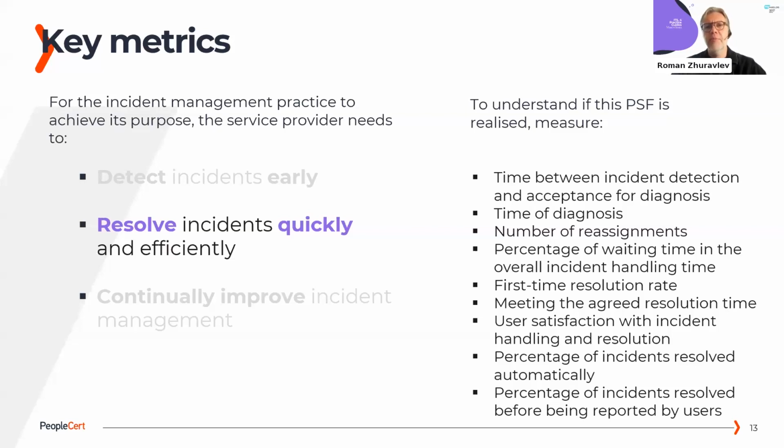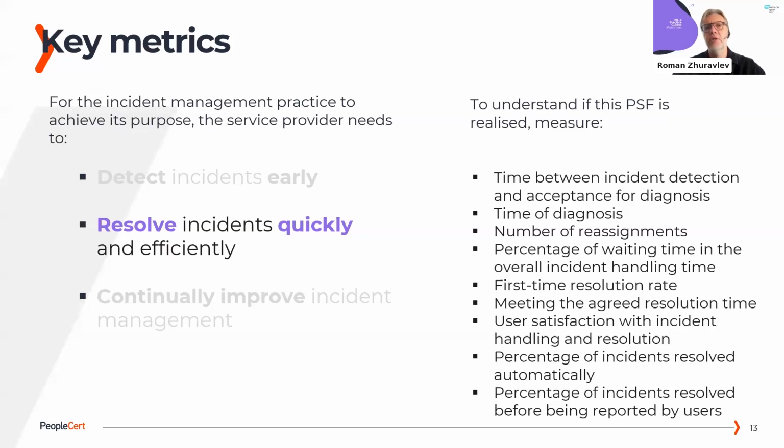There is a long list of metrics for the second one. I will not be pausing on all of them. I'm just trying to illustrate that for each PSF, there is a list of metrics. They are metrics rather than KPIs. They don't have target states. They don't even have target trends because, for example, the percentage of incidents resolved automatically as a target value will have, I don't know, 10% in one organization and 50% in another.